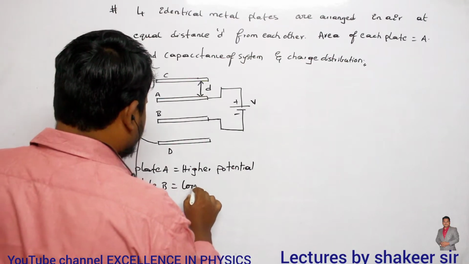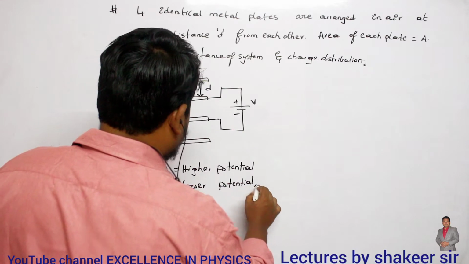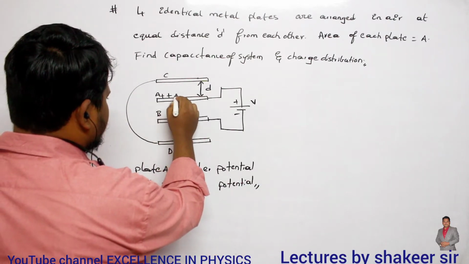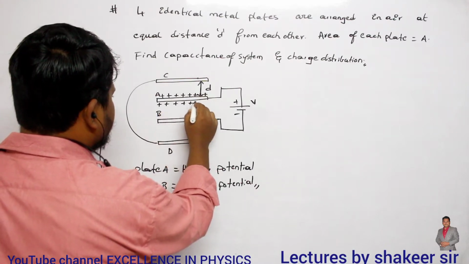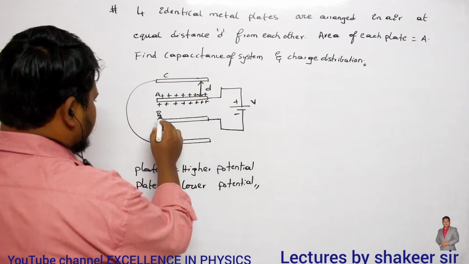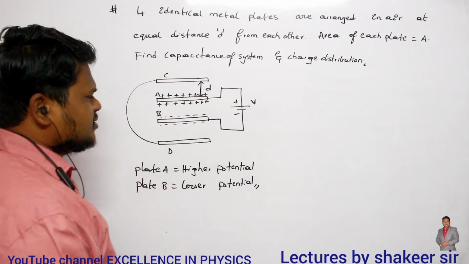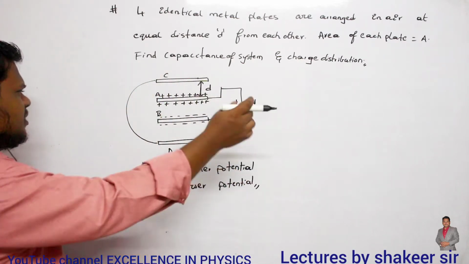Higher potential means plate A should be a positively charged plate. Then only it will be at higher potential, no? And plate B will be a negatively charged plate, because plate B is at a lower potential. Are you able to understand?